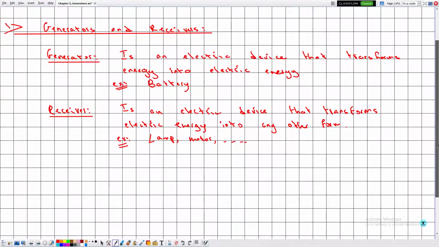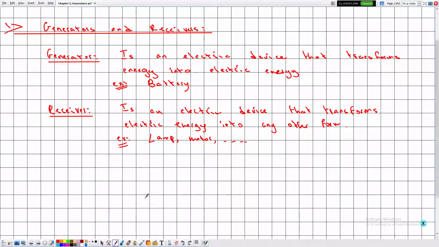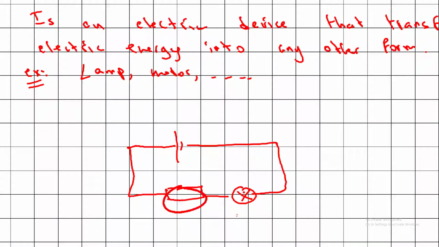Now if you consider a simple electric circuit, which is given by this, in this case the battery is classified as a generator, and the resistor and the lamps are classified as receivers.